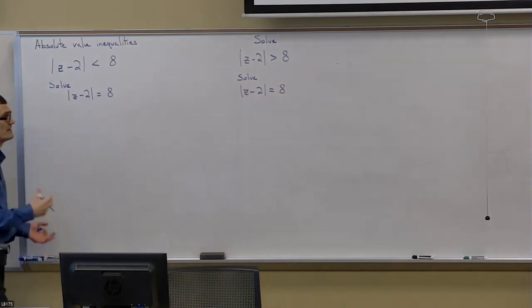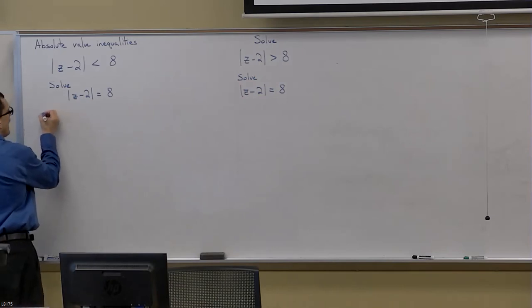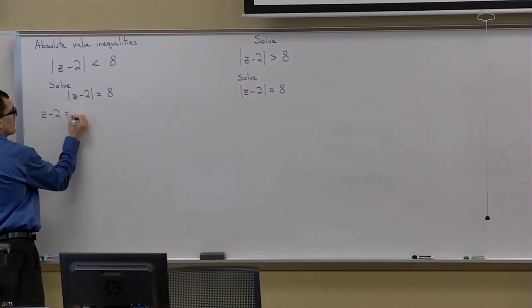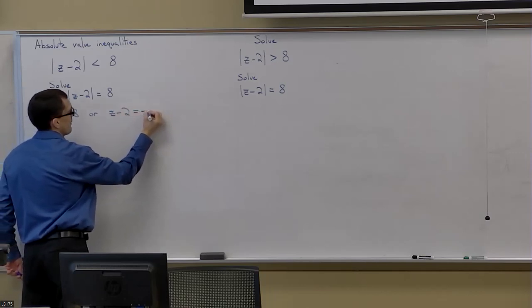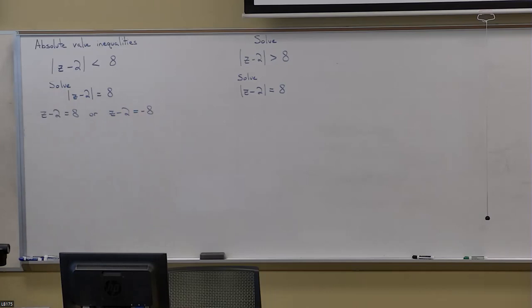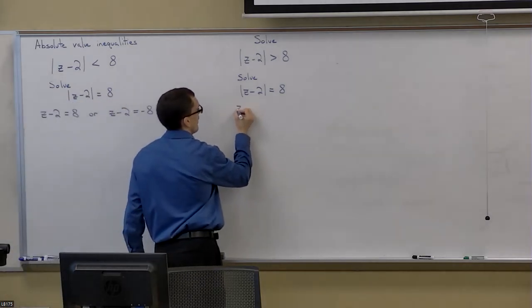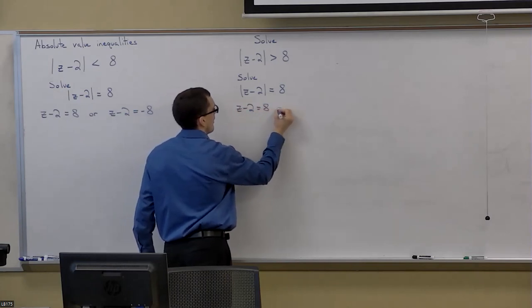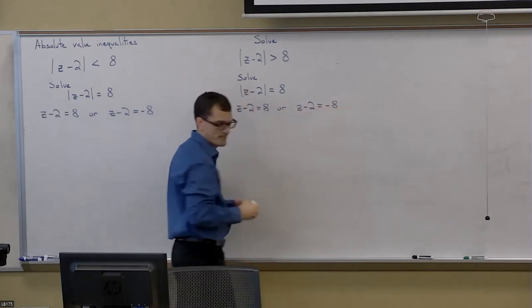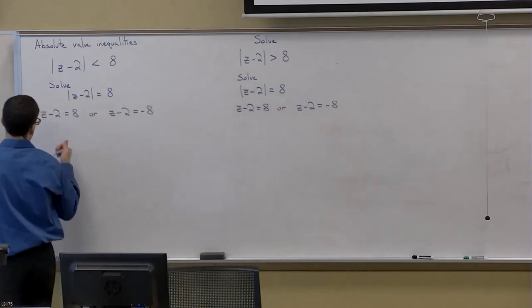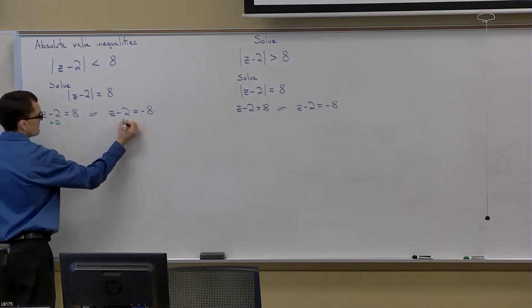Notice for both of these, it's going to be the same one. And so the z minus 2, just like we did a minute ago, is going to be equal to positive 8 or negative 8. We can add 2 to both sides.